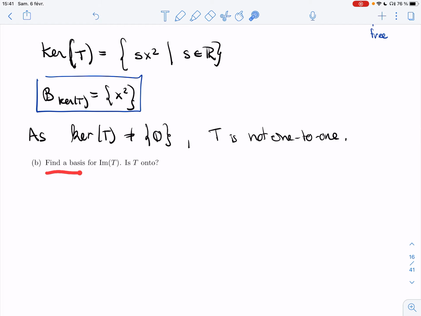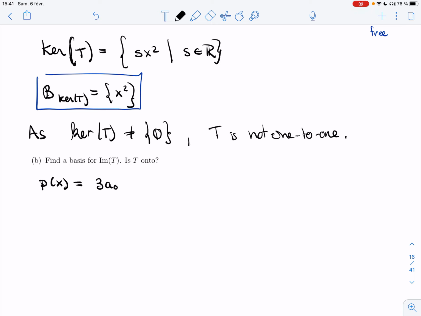All right, find a basis for the image of T. Is it onto? So let's see what T of p of x looks like. We have 3a0 plus a1x plus (a0 plus a1)x squared. Actually, that's T of p, right?